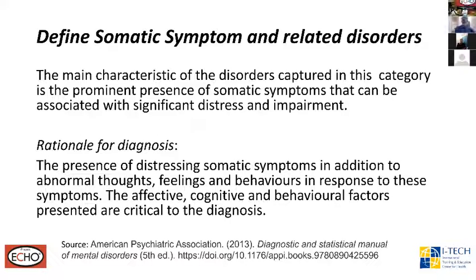The rationale for giving this diagnosis is very important because there are several components to it. The first component is the presence of distressing somatic symptoms, and that should be in addition to abnormal thoughts, feelings, and behaviors in response to these symptoms. Therefore, the affective, cognitive, and behavioral factors presented are critical to the diagnosis.